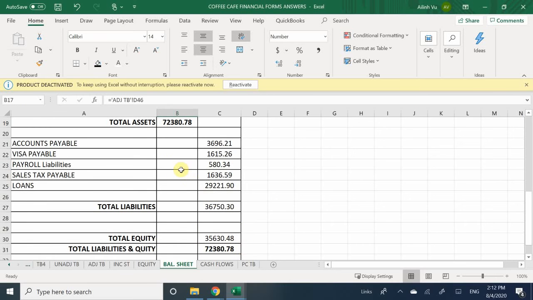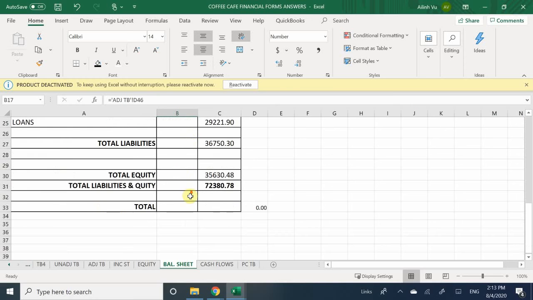So here we can ensure that the accounting equation holds true, that all my total assets is equivalent to my total liabilities and the value of my company. So that's how you do that one.